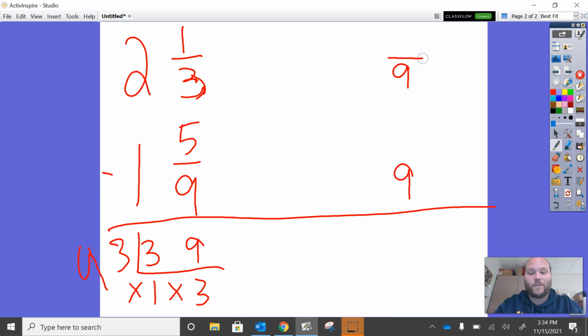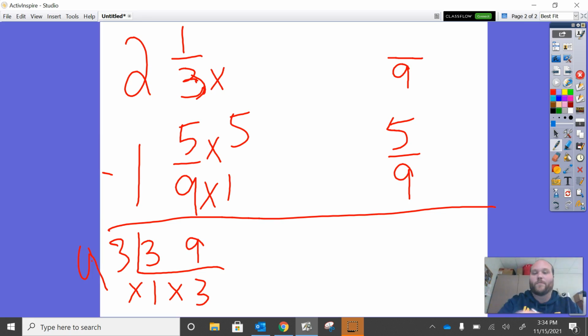A lot of students would choose 27, and you can do that, but you want to use the least common multiple so you don't have to simplify at the end. This is times 1, so it stays as 5. To get from 3 to 9, I multiply by 3, so that's going to be 3.